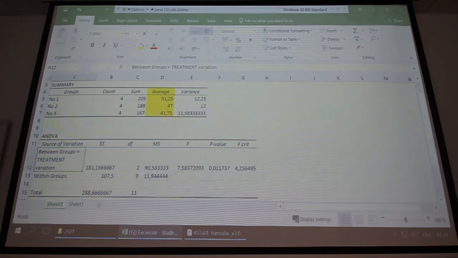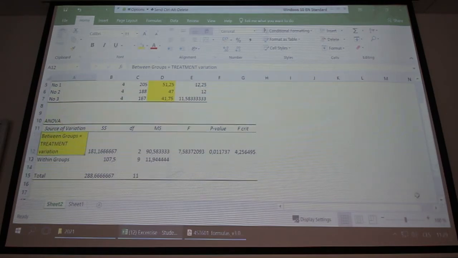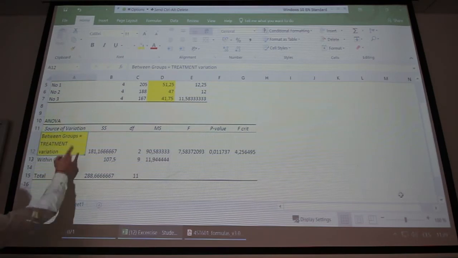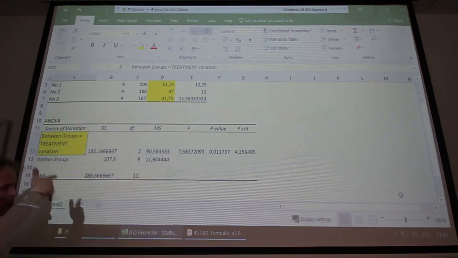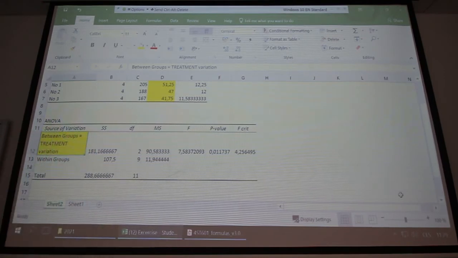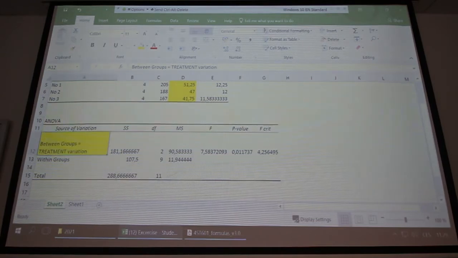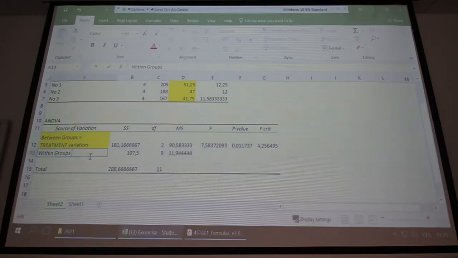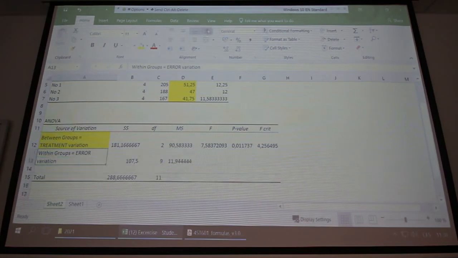Okay, there is wrap text, so between groups is treatment variation. Within groups will be error variation. So between groups treatment variation, and there will be within groups equal sign error variation, error source of variation.